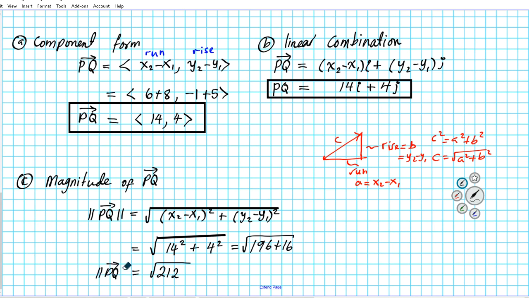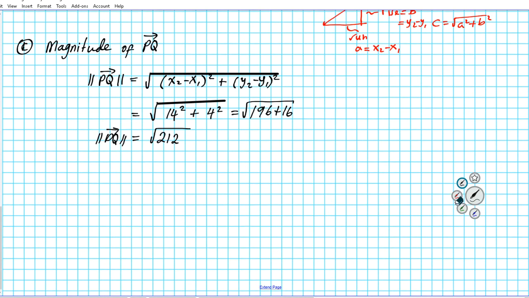Let's see if we can reduce this radical. Let's break it down. It's even, so we can take out a 2. 2 goes into 212, 106 times, and we can take out another 2. 2 goes into 106, 53 times, and 53 is a prime number. These common factors repeat, that's a square, so the square root of a square is just the root.